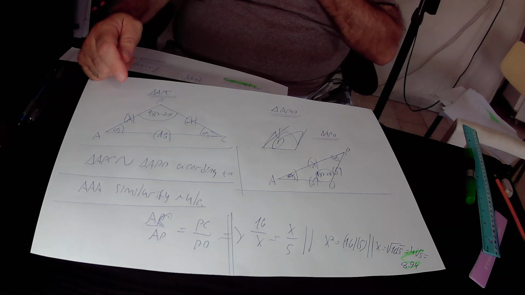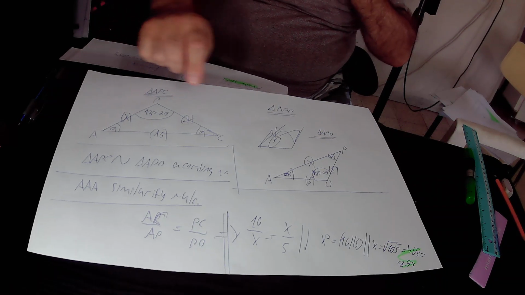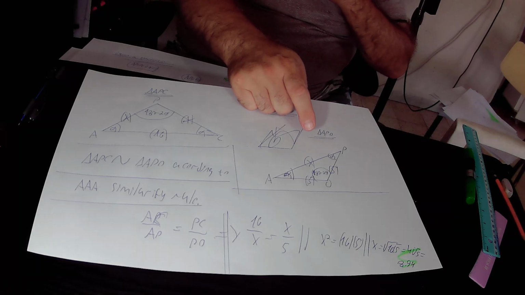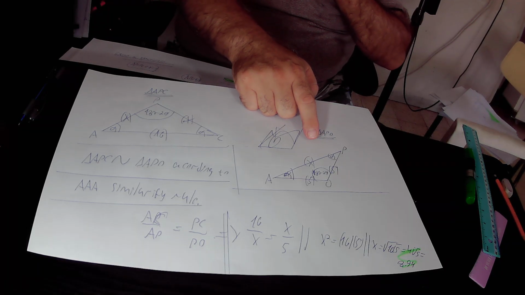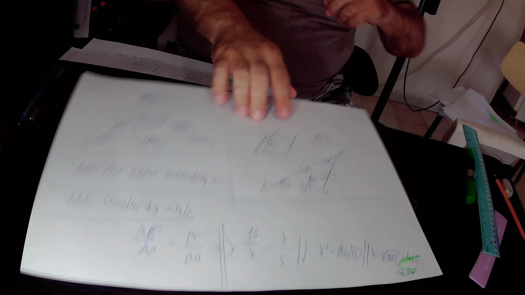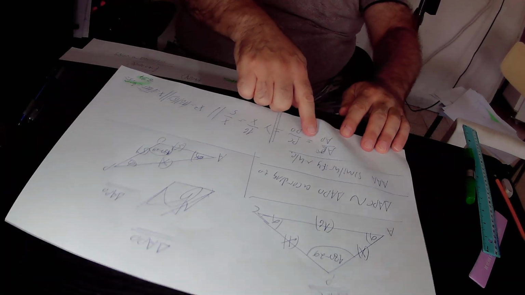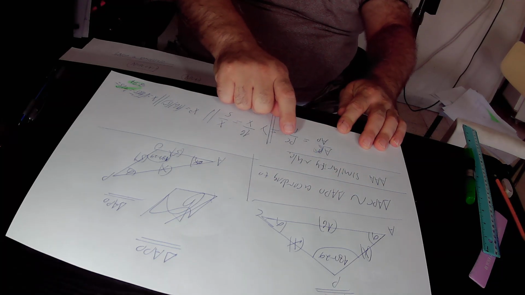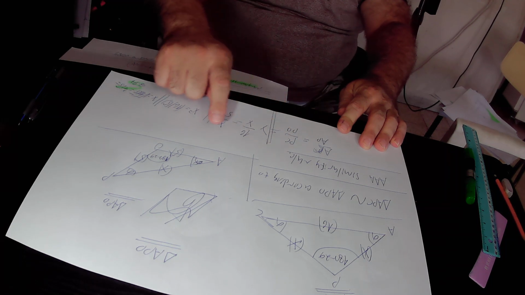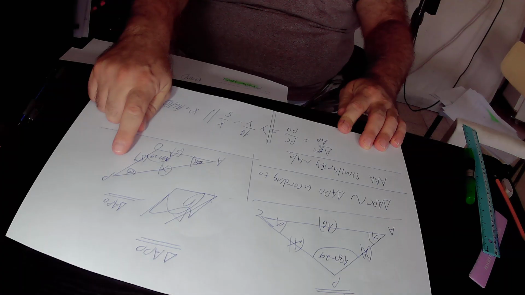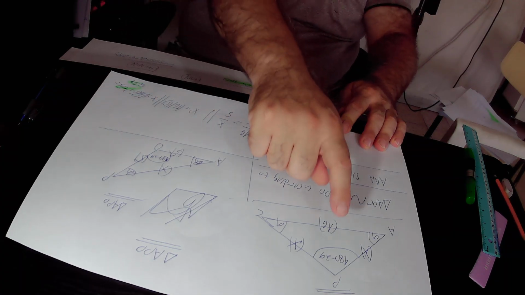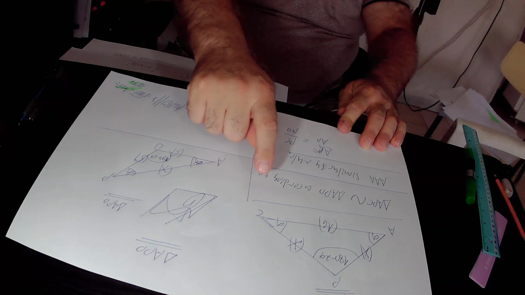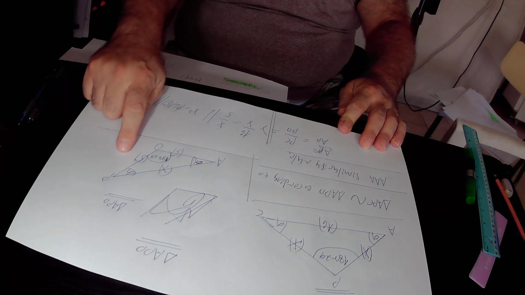We derive that side AC of the big triangle APC over side AP of the small triangle APO is equal to side PC of the big triangle APC over side PO of the small triangle APO.